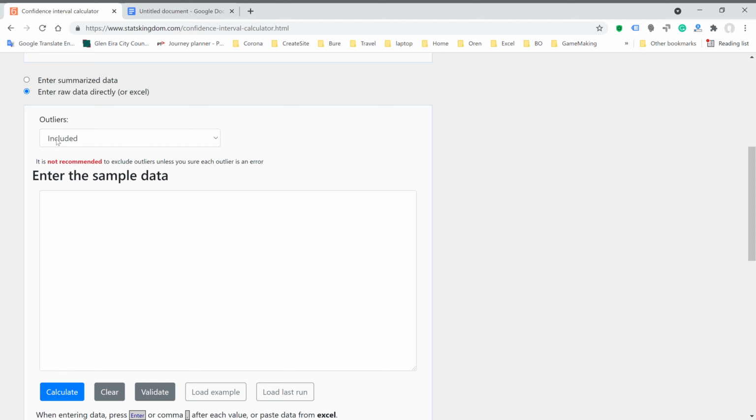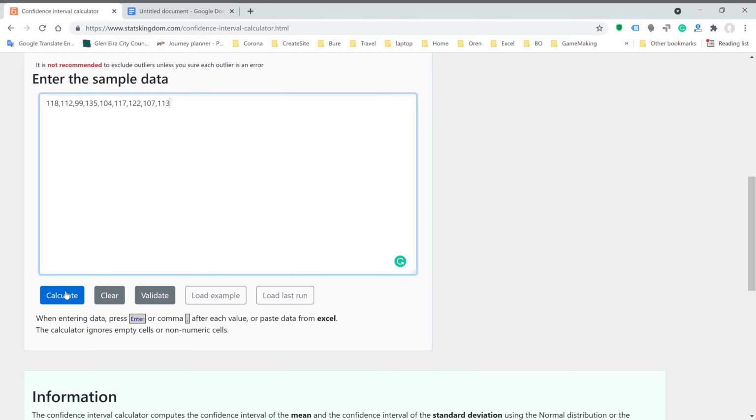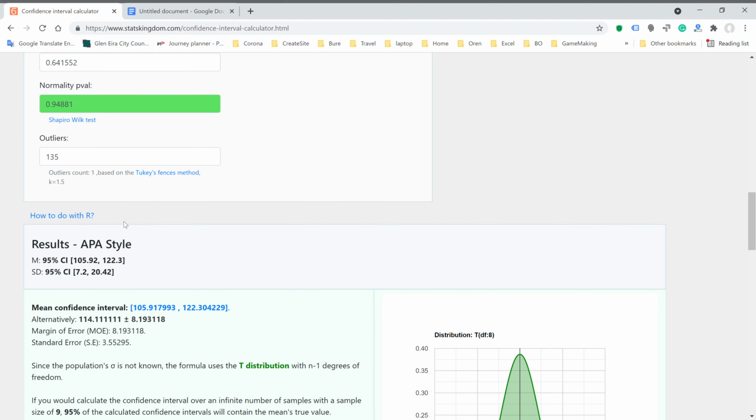Now when we have that, we can either include or exclude outliers, but it's usually preferred to include the outliers unless you have a good reason to do otherwise. So we can paste the data separated by either commas, spaces, or enters, it doesn't really matter, and press calculate. And rather than paste the data like this, we can also paste it from Excel.